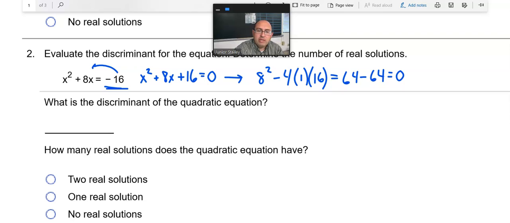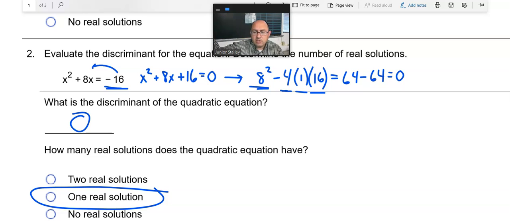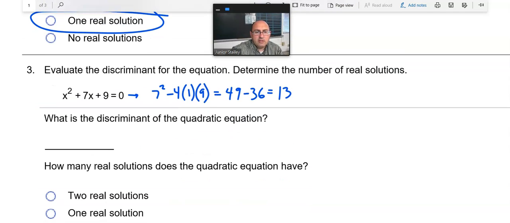And then we could do the b squared minus 4 times a times c. Be careful, especially when you have negatives that you're dealing with. Kids make mistakes when they type on a calculator. 64 minus 64 does again give me 0, which is back to the one real solution situation because we're touching the x-axis once.